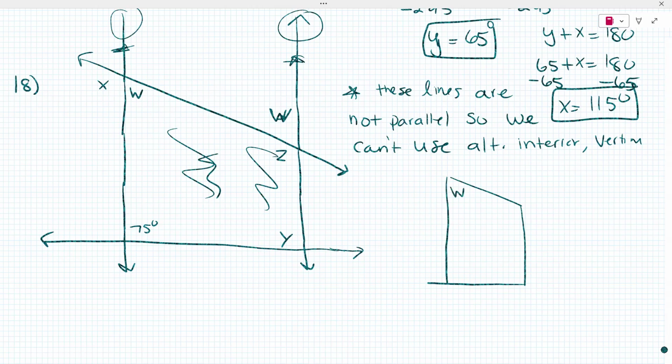So this is W, this is Z, this is Y, and this is 75 degrees, right? What else do we know? I see a straight line, right? I see some straight lines.